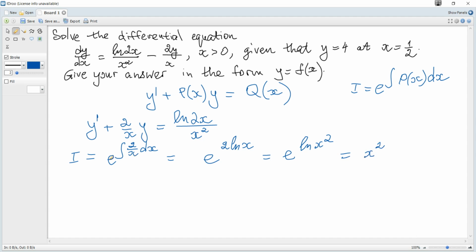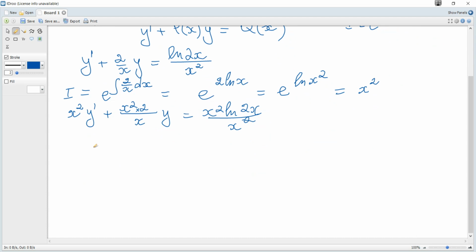And the next step is we multiply each term by the integrating factor, x squared. So it becomes x squared y primed plus x squared multiplied by 2 over x, y is x squared ln 2x over x squared.